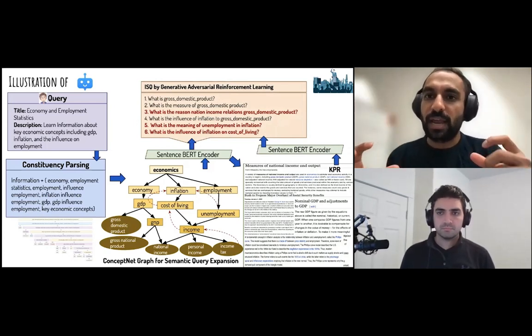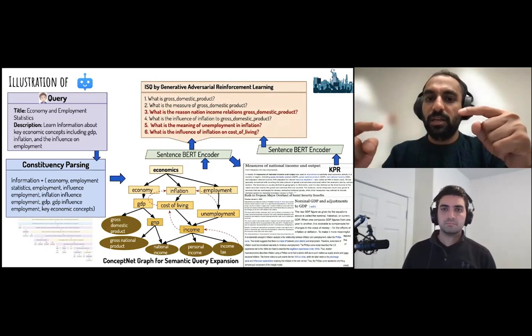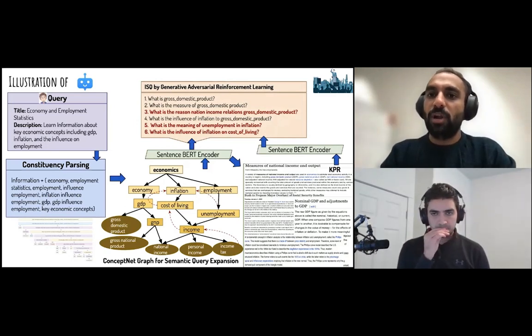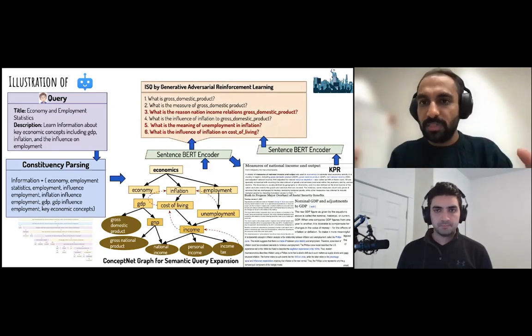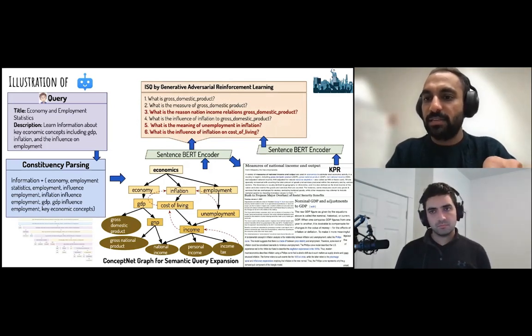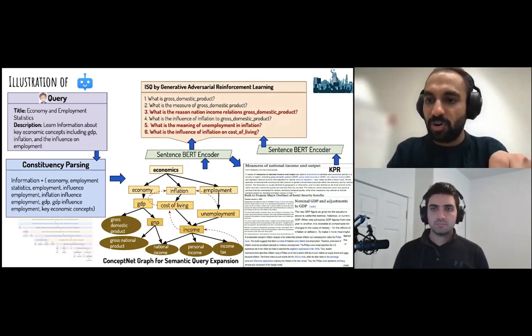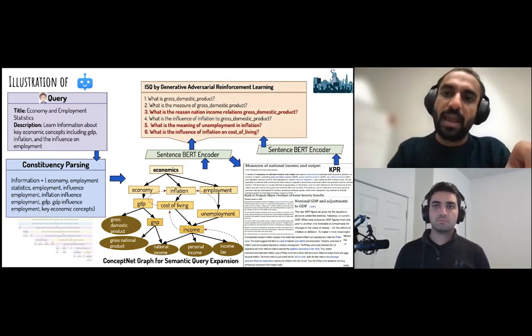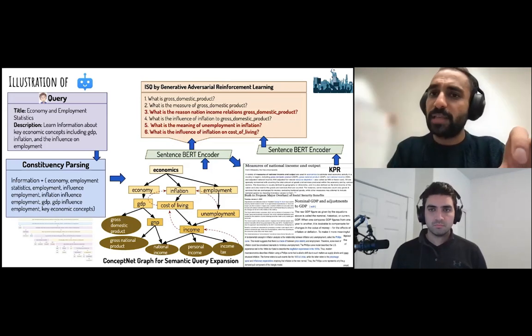What you have to do is keep on traversing this graph. You keep on getting more and more passages, more triples, more variety of passages. And this model is what I call KPR, which I forgot to put the full form of. It is the knowledge aware passage retriever and ranker. So you retrieve the passage and you rank it.